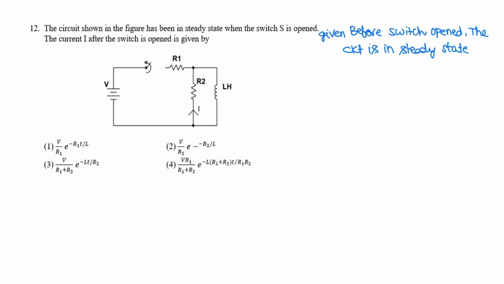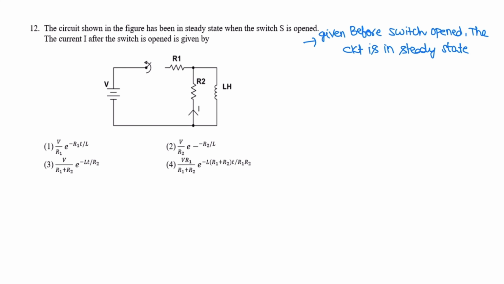Next question. The circuit shown in the figure has been in steady state when switch S is opened. The current I after the switch is opened is given as, given the circuit is in steady state before the switch S is opened. So this is given.